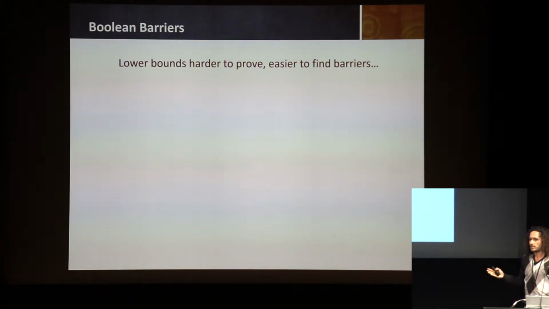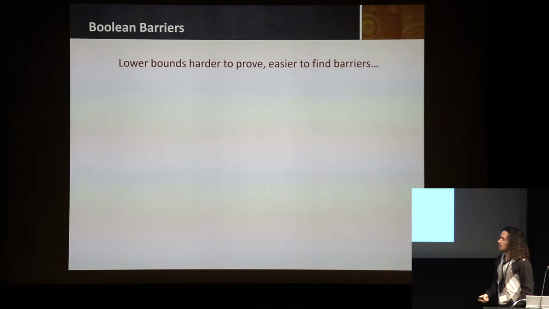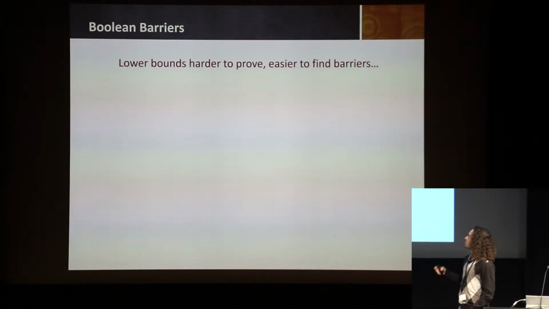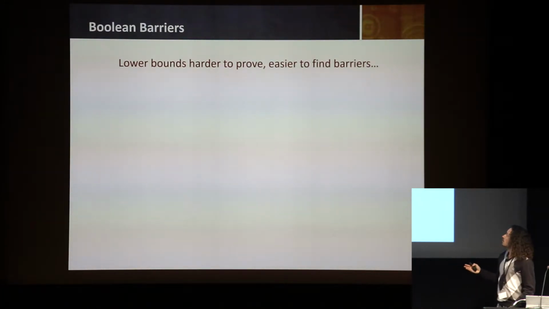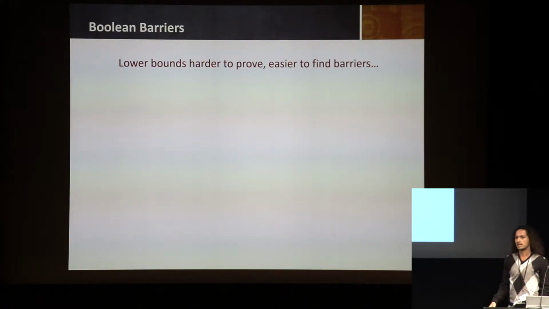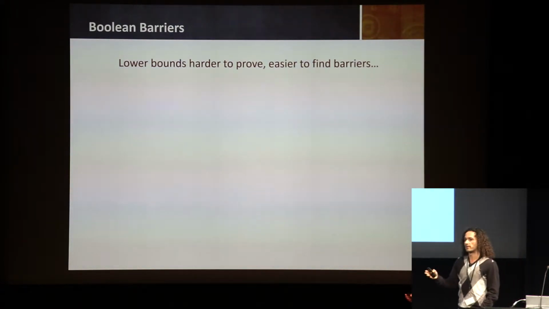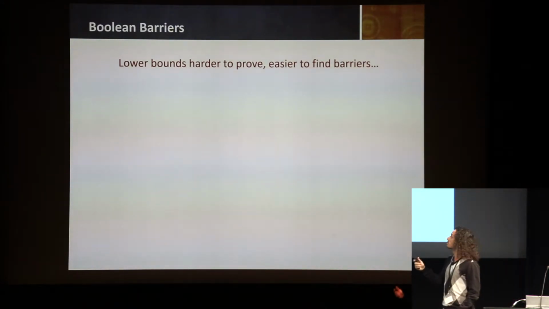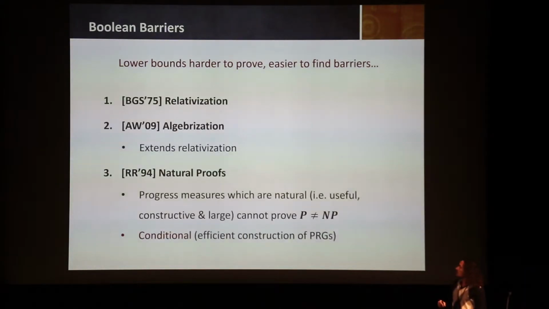So let's draw the parallel, as Christos said, with the Boolean world. Lower bounds are harder to prove in the Boolean setting, so it should be easier to find barriers, because barriers are the impossibility of proving lower bounds. And that's true. We started with Baker, Gill, Solovay with relativization, then Aaronson and Wigderson with an extension of relativization, and Razborov and Rudich with natural proofs.